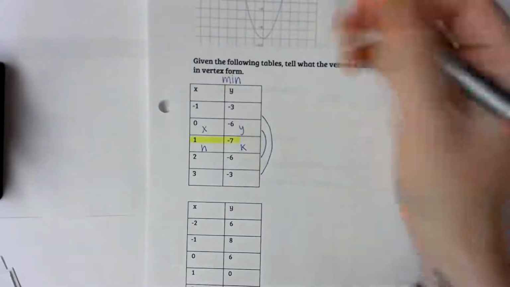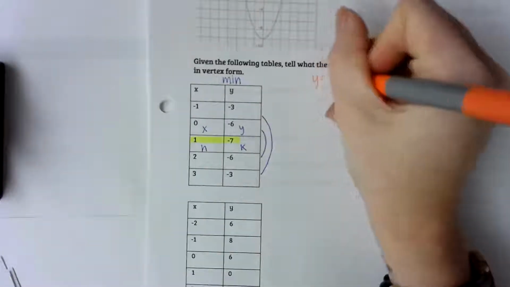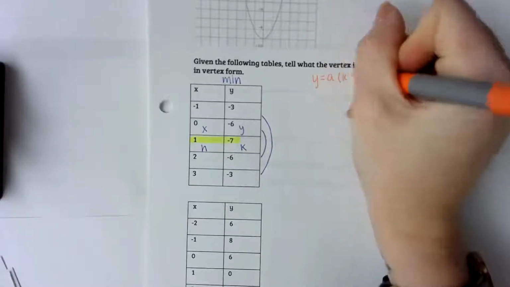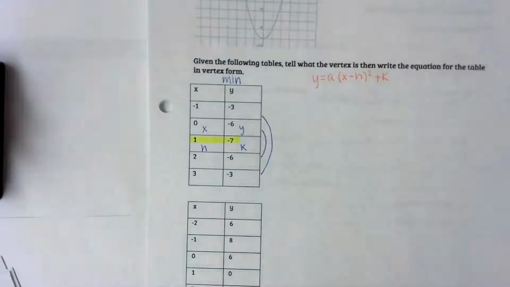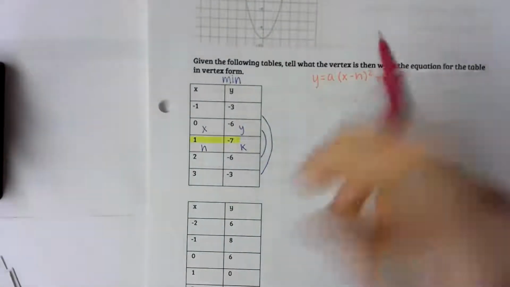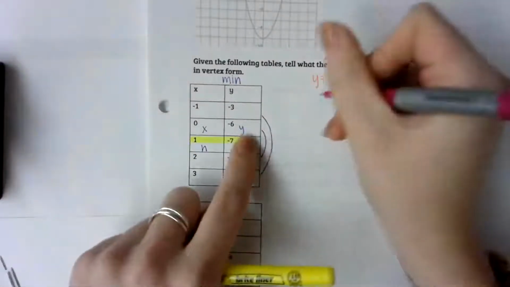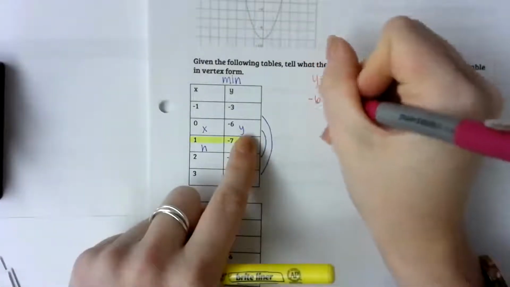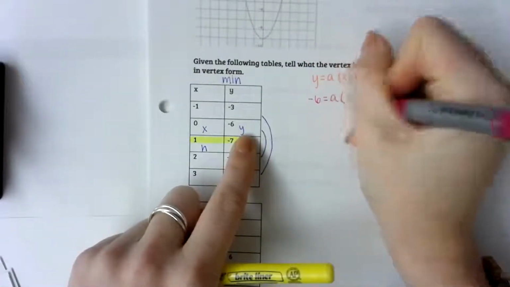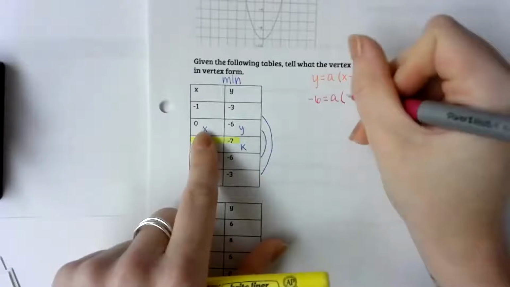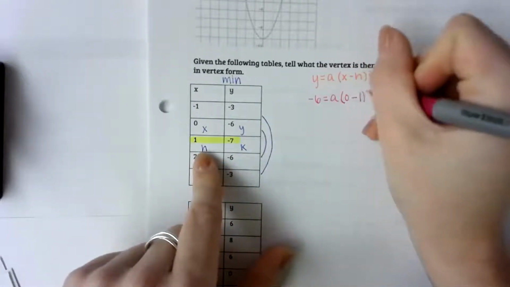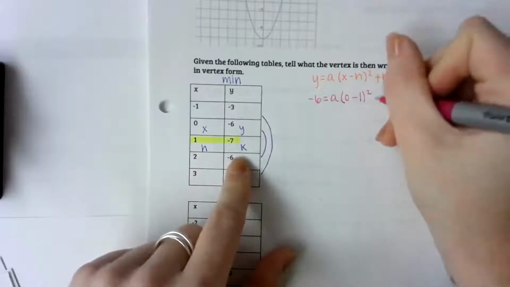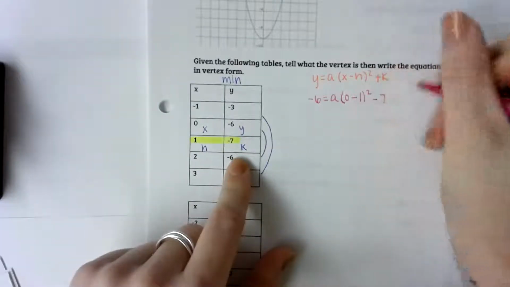So we are still taking everything and plugging it into that y equals a times x minus h squared plus k equation. So y, we said, is -6 equals a times our x, so 0, minus 1 squared minus 7.